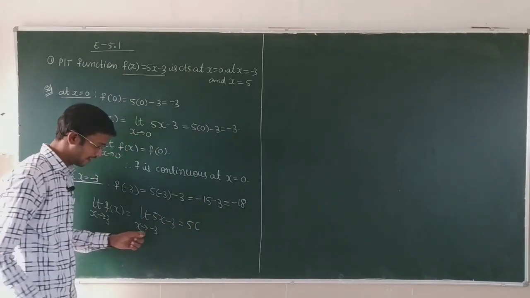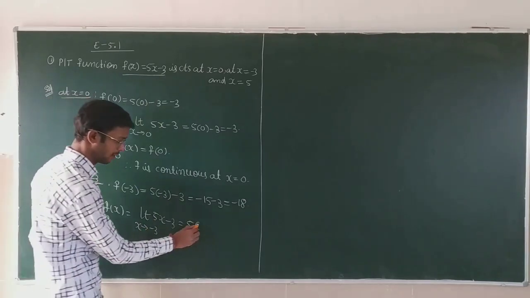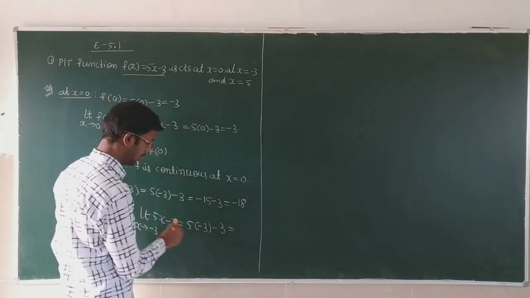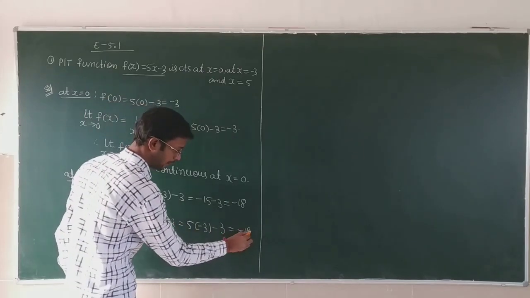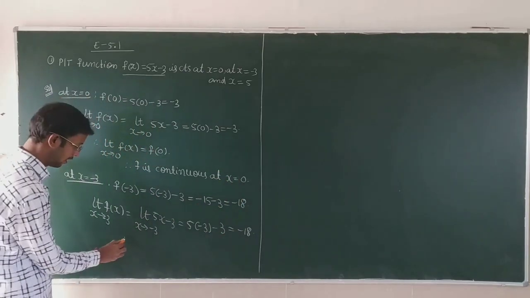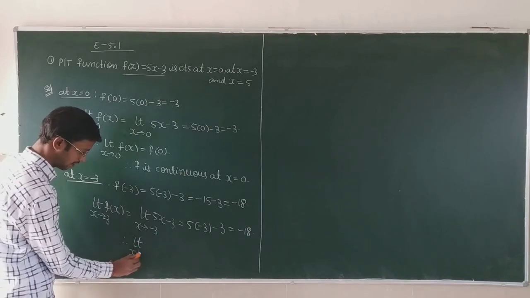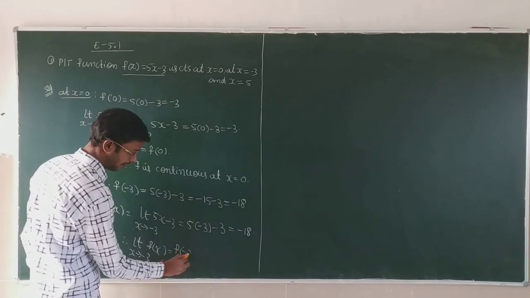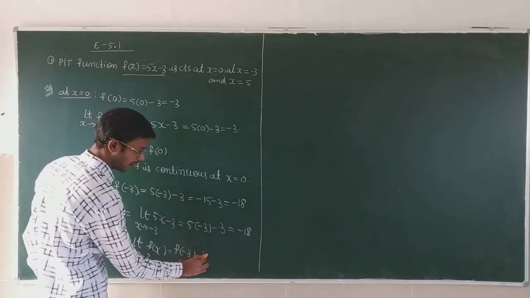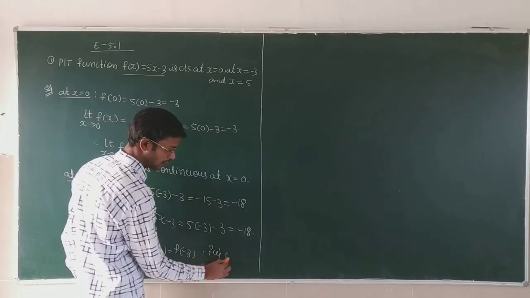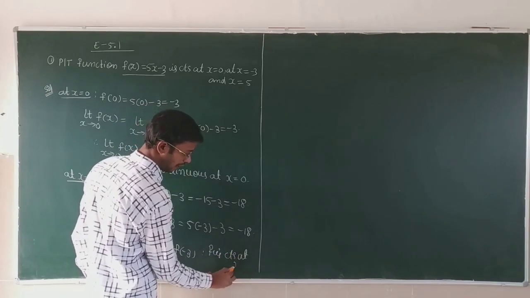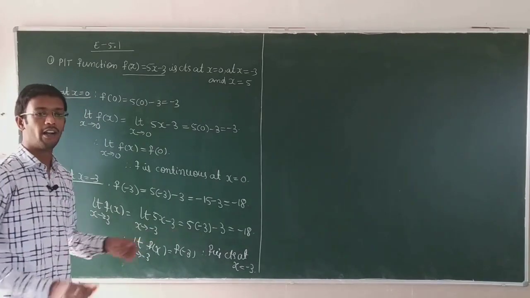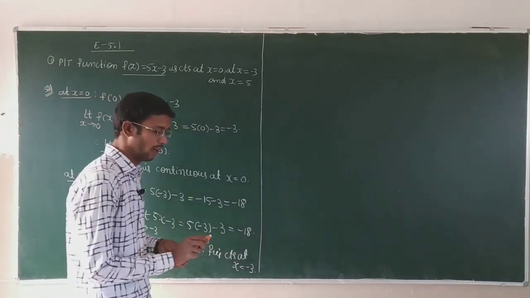As x tends to minus 3 we automatically take minus 3, and you get the same minus 18. Therefore, limit x tends to minus 3 of f of x is equal to f of minus 3. Therefore, f is continuous at x equal to minus 3.